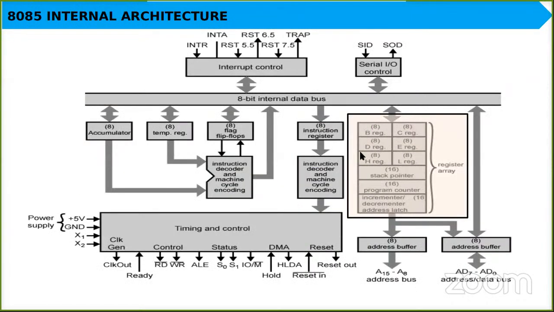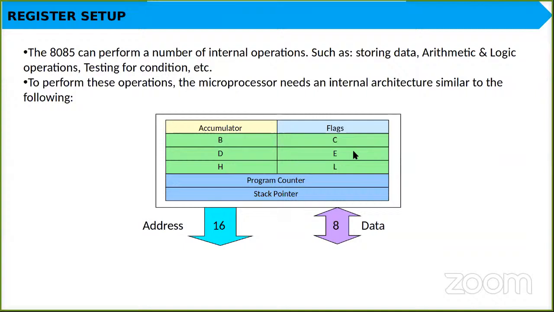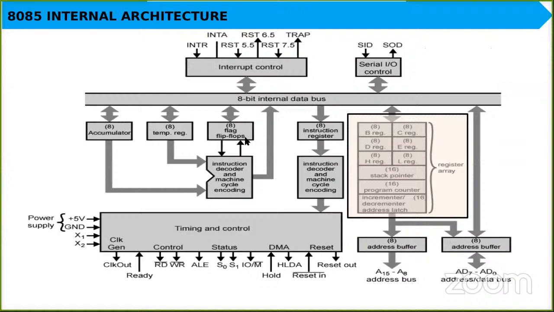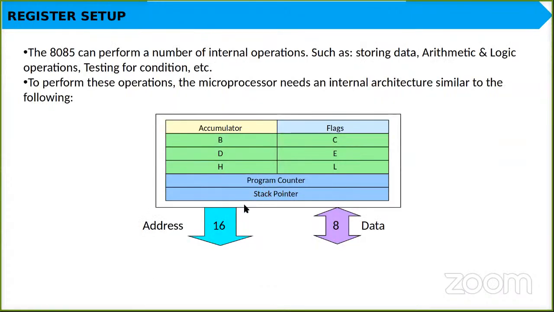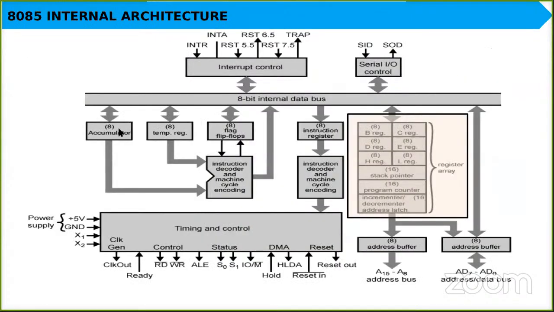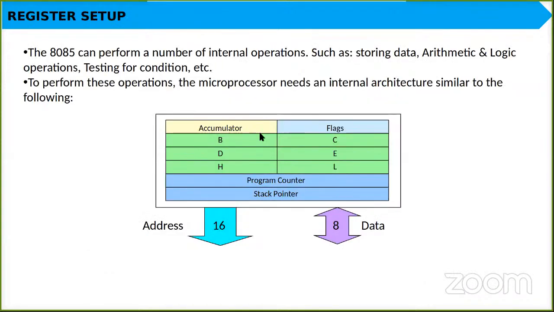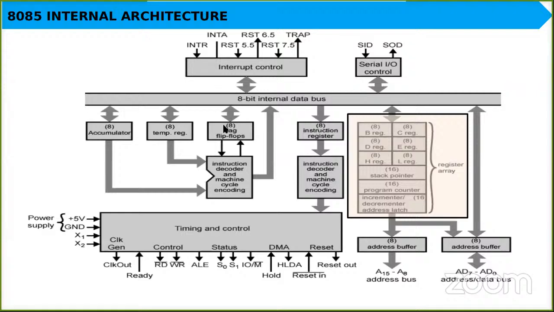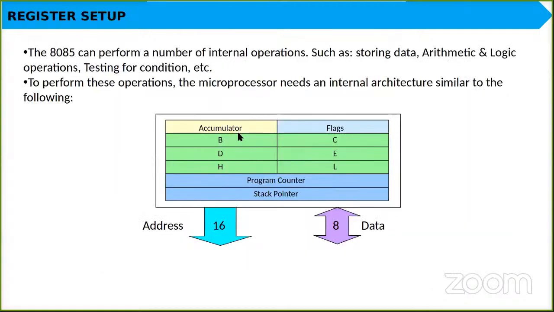This is the entire register array, please. Okay, so I am talking about the register setup. So in the register setup, see, what all registers are there over here. So you have the accumulator, that is this thing over here, this block over here. Then you have the flag register. So flag is there over here. This is the flag register, please. So I'm talking about registers over here. So accumulator is one register. Then you have the flag register.